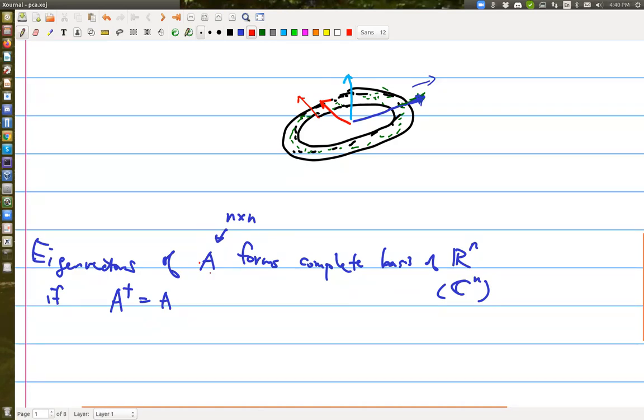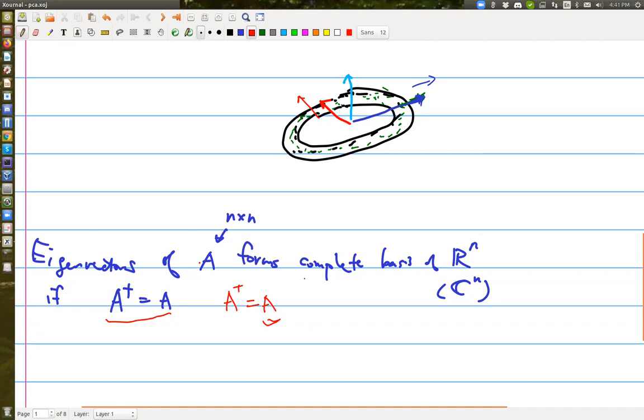That's an important type of square matrix: basically the Hermitian matrix, or more specifically the symmetric matrix, which will always give real eigenvalues. More importantly, the eigenvectors of these matrices will span the entire space, and they will be orthogonal to one another.